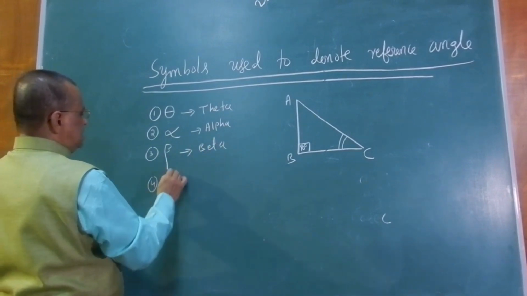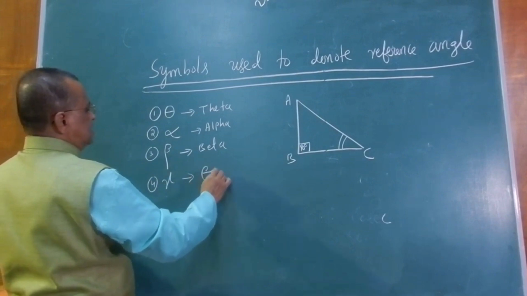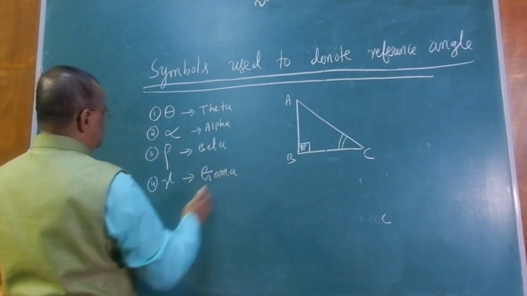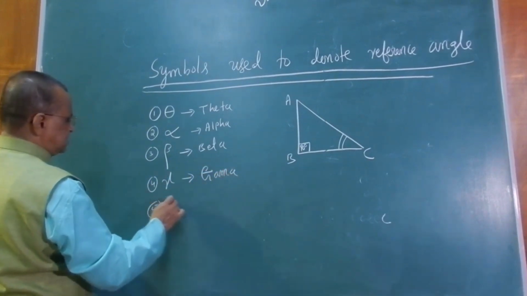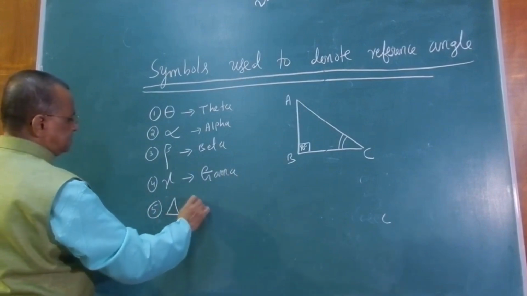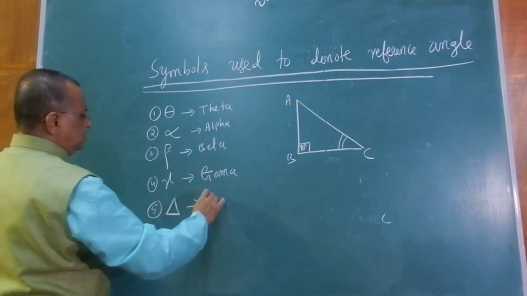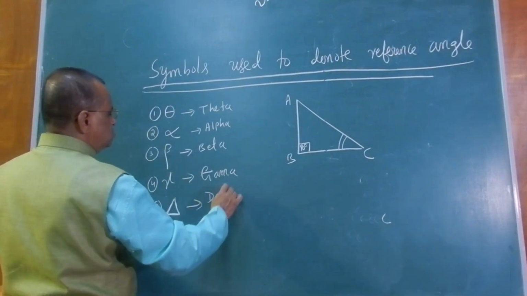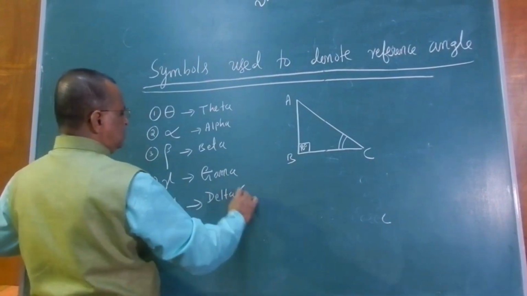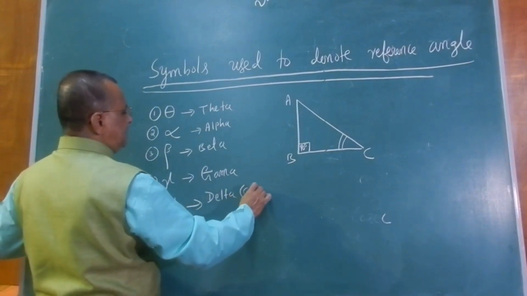And this symbol is called gamma. We use this symbol sometimes in mathematics. This symbol, the symbol of a triangle, we call delta. Usually in mathematics, we call this triangle capital delta.